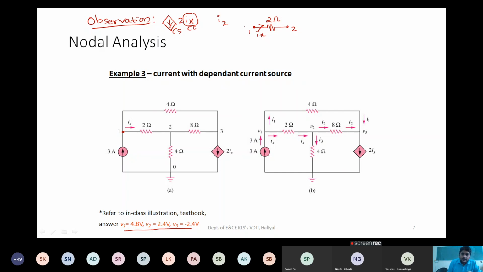So V1 will be at positive potential and V2 at negative potential with respect to the direction of current. Hence we can define Ix as (V1 minus V2) divided by 2.